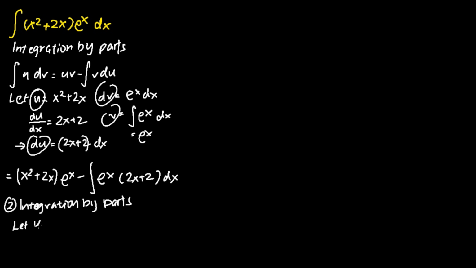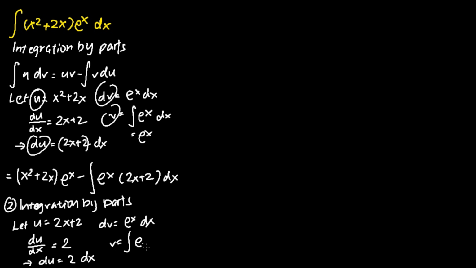We let u be equal to 2x plus 2, and my dv be equal to e to the power x dx. Next I will find my du, I differentiate u with respect to x. This gives me 2, in which multiplying both sides by dx, I get du equal to 2 times dx, making du the subject. To find my v, I'll integrate e to the power x. This gives me e to the power x.